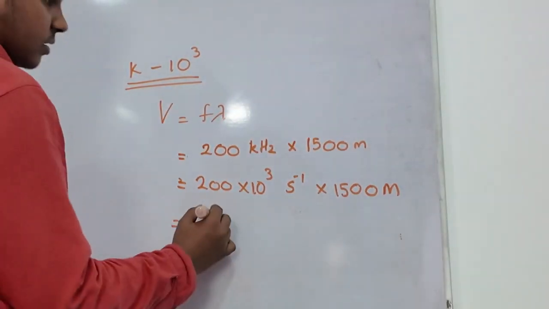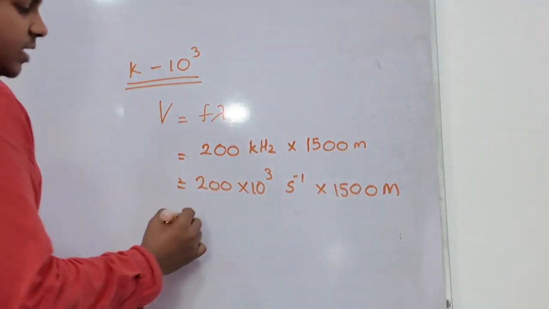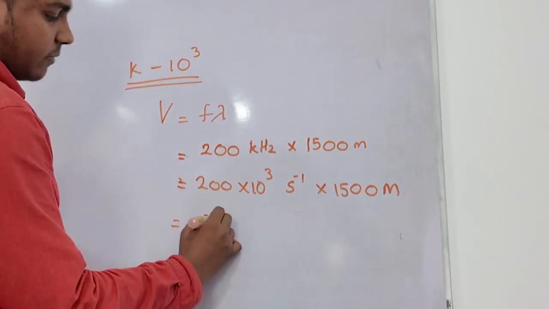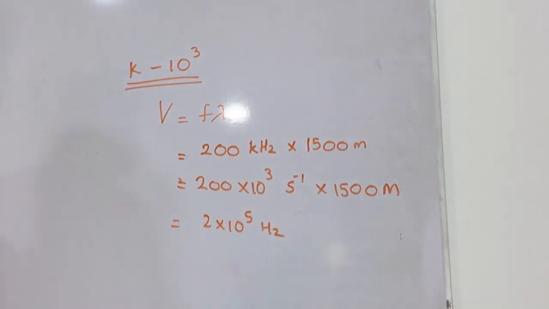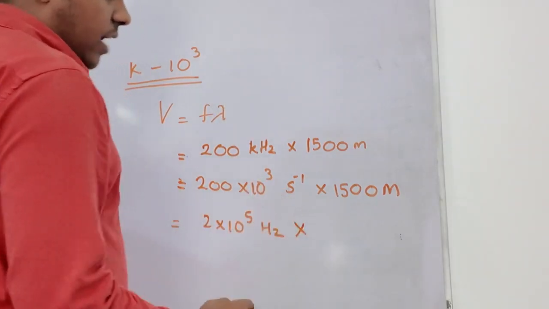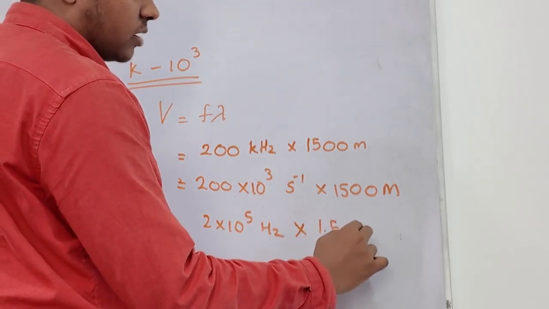So what happens? Instead of taking 200 times 1500, let's take 2 times 10 to the power 5 hertz, and take 1500 as 1.5 times 10 to the power 3 meters.